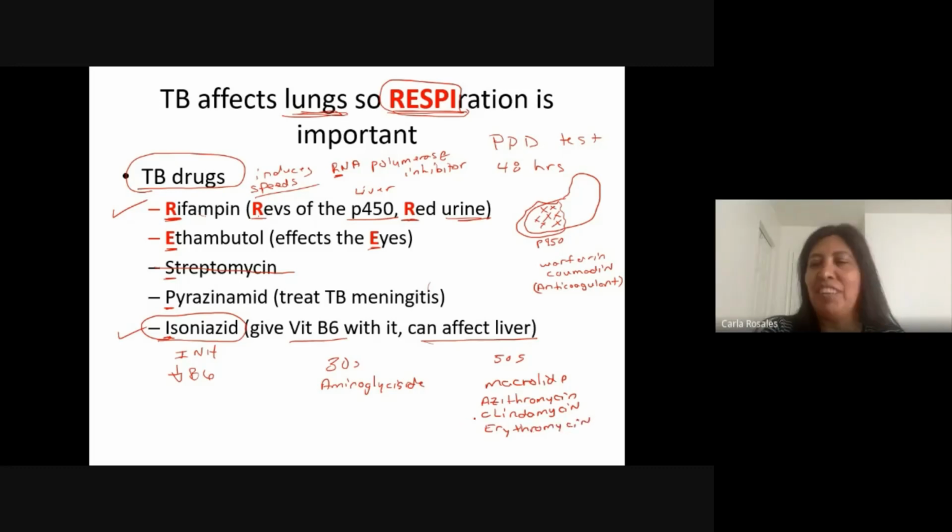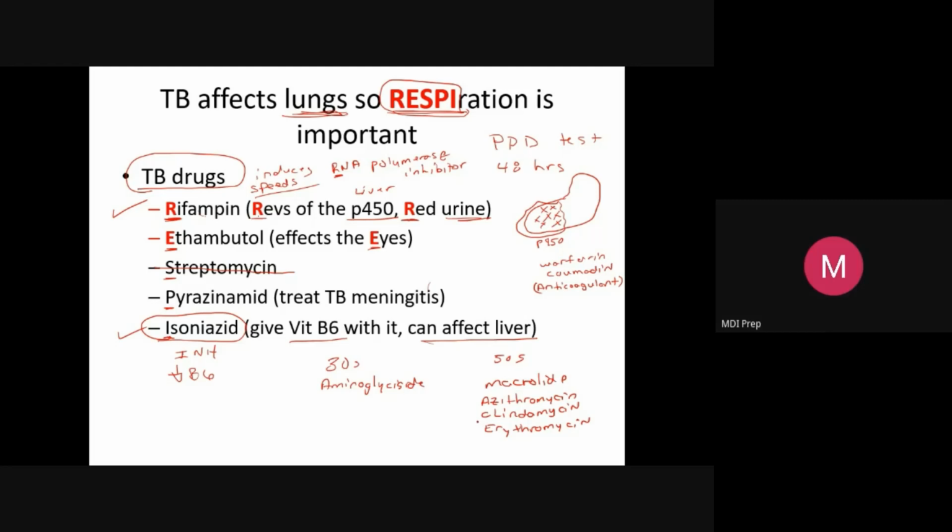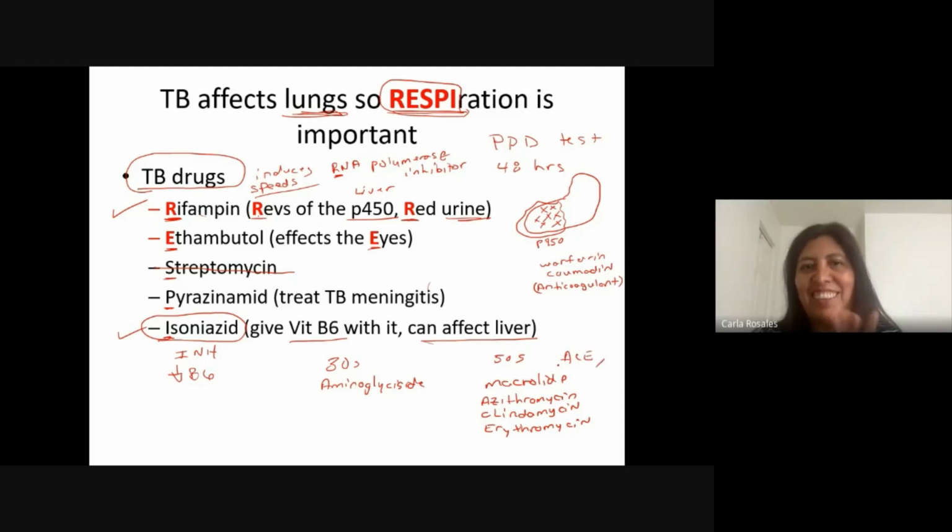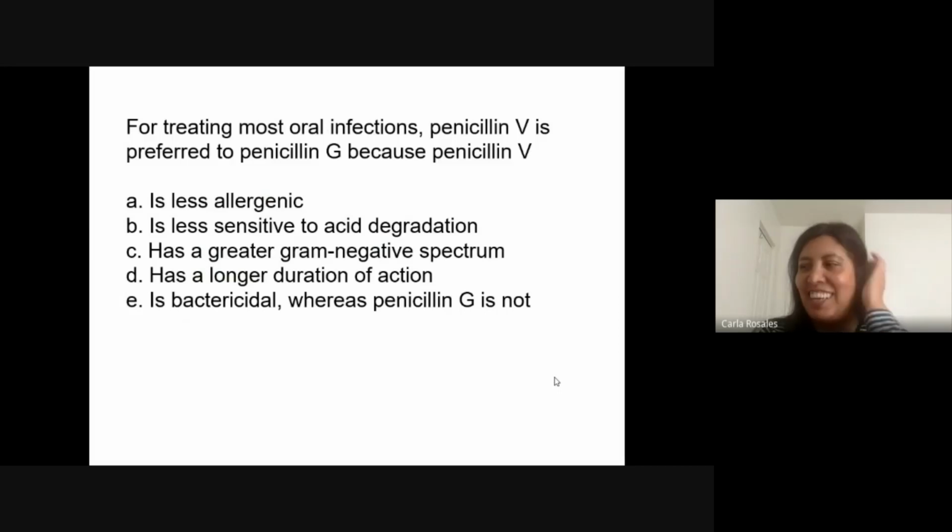You remember the mnemonic was ACE: azithromycin, clindamycin, and erythromycin. Very good. Okay. Can you answer this question?